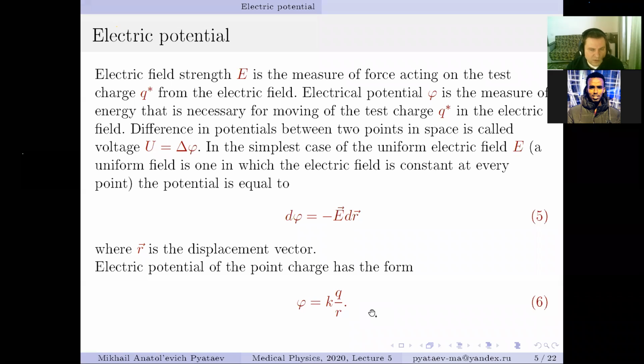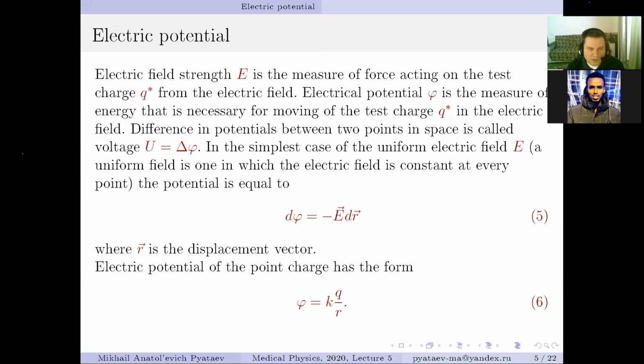And one important thing concerning phi: our definition is based on equation 5, and in this equation we have defined d phi, so the change of potential. It means that if we add some constant to phi, the definition will remain the same.